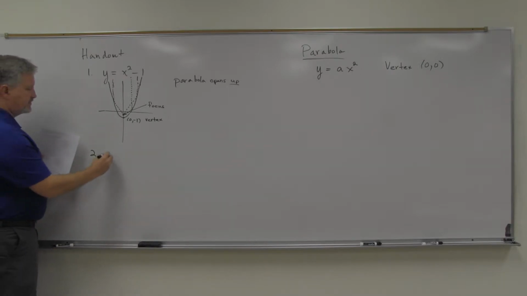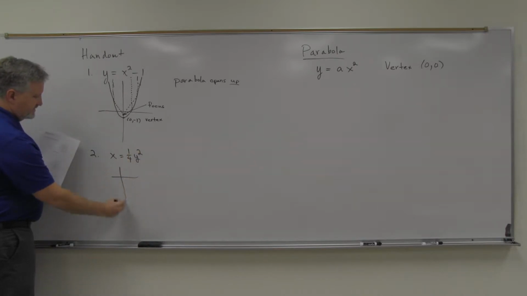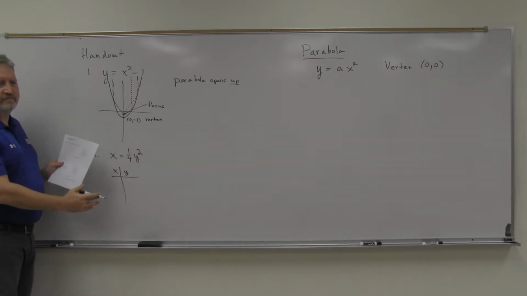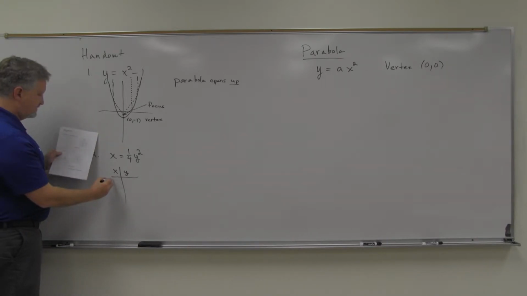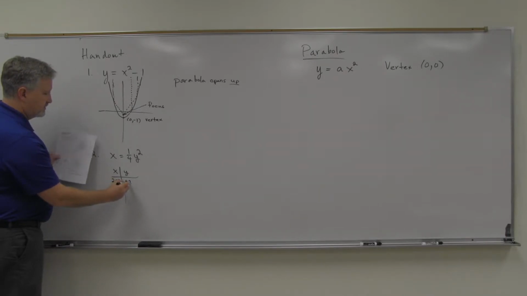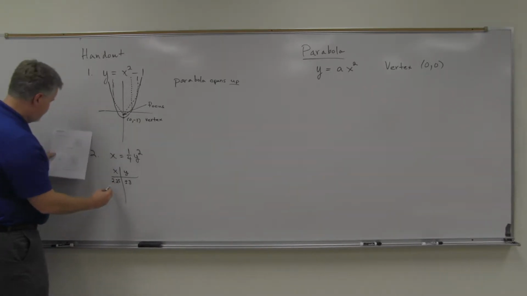All right, so number 2, we've got x equals 1/4 y squared. And then I did a table, like I said, on the handout. I'm not going to write the whole thing up here because it's on the handout. Basically I've got 2.25 for x, y is plus or minus 3, picking sort of random x values and then finding the y values.